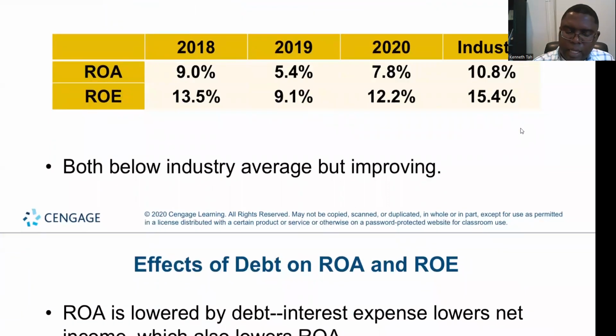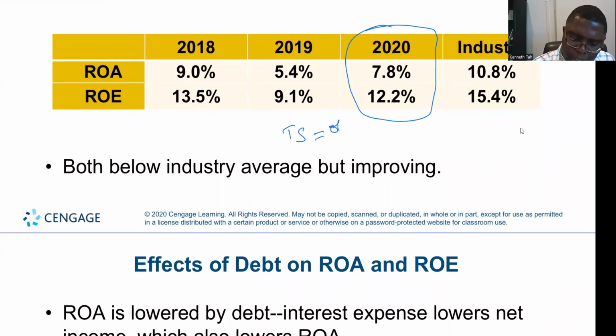2019. We just calculated the value for 2020. We can do a time series analysis. We find that the company seems to be doing okay, but as far as cross-sectional analysis is concerned, the company is below industrial average. Return on asset is 7.8, industrial average is 10.8.